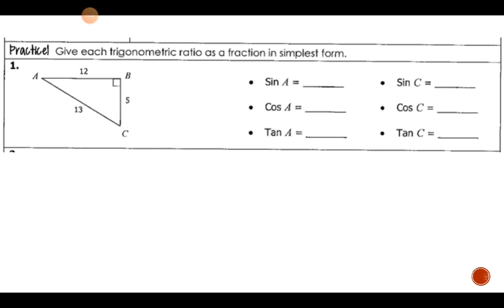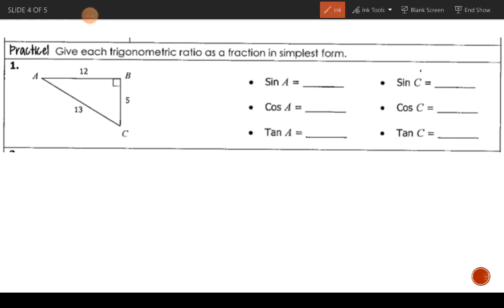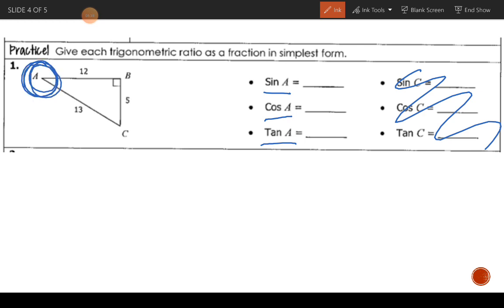So let's go ahead and do this. I'm going to cross this off. Of this triangle, see how we're going sine A, cosine A, and tangent of A. So A is the angle that we're coming from, okay? Again, you always label your hypotenuse first. Your hypotenuse is across from the right angle, so our hypotenuse is 13.